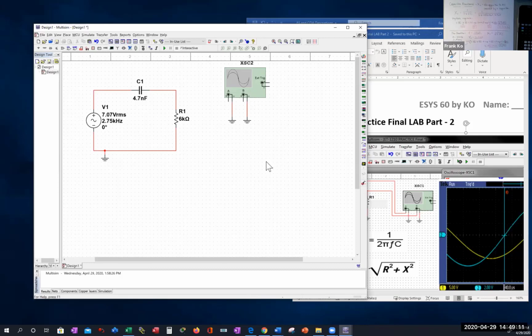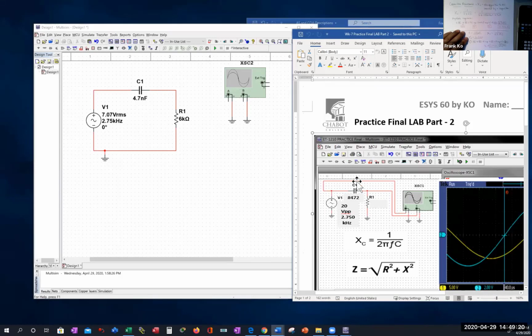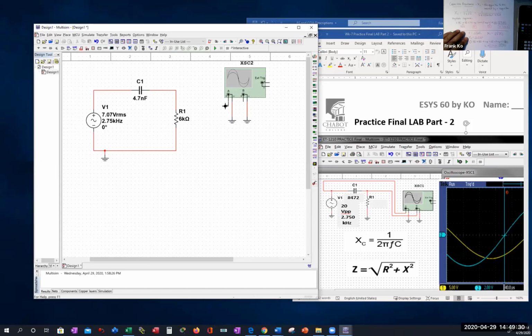All right. If you follow this drawing, channel 1 has to connect all the way to the top of my source. Channel B has to connect to the top of the resistor. So I'm going to connect here, down, over, click here, come all the way over to here, click, and then come down and click.